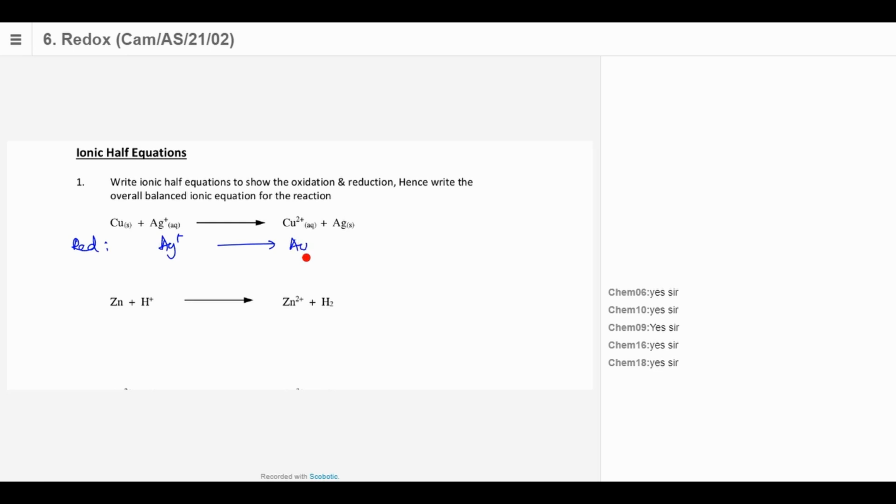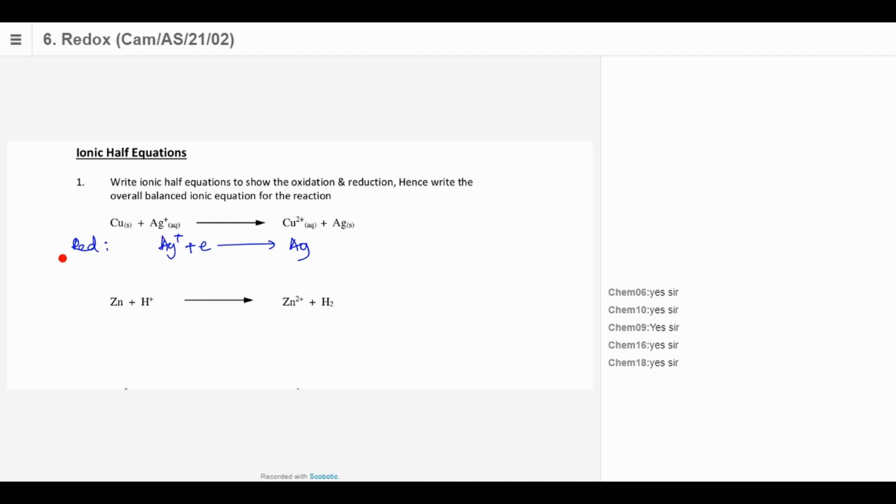Once you write the reduction half equation, you balance it with respect to the elements. It's already balanced. With respect to the charge, I simply add an electron onto the silver ion side to balance the charge, because on the right side there's zero charge, and on the left side plus and minus is 0. The charges are now balanced by simply adding an electron onto the reactant side.